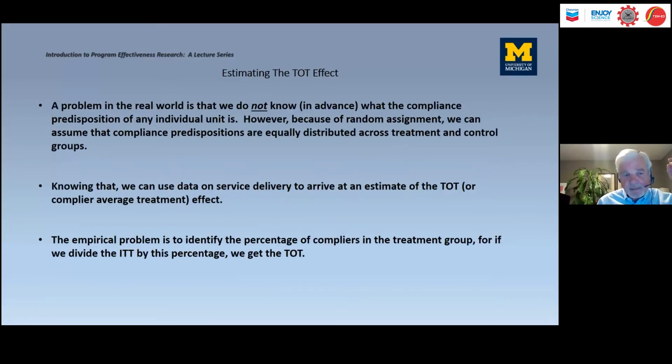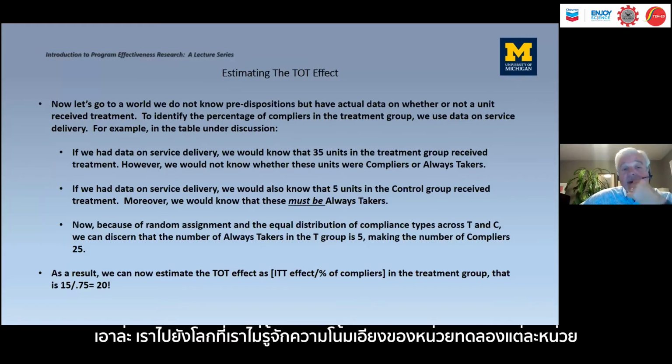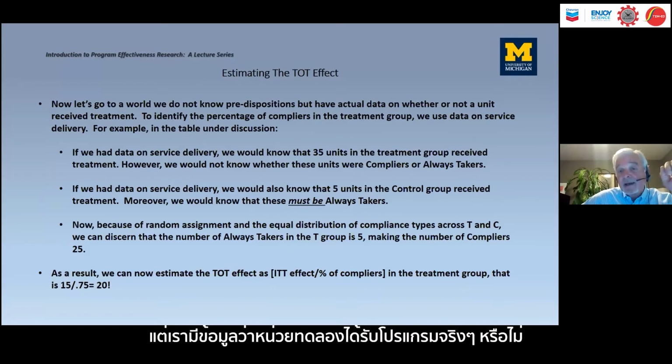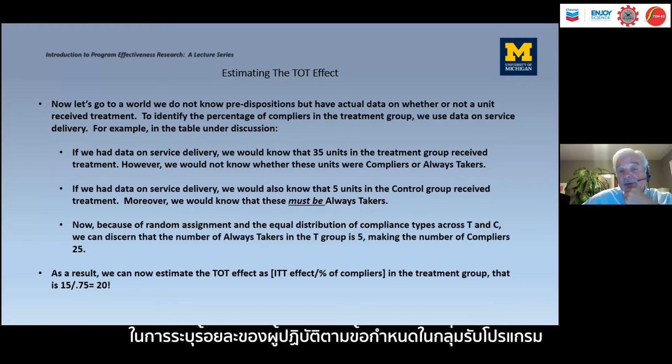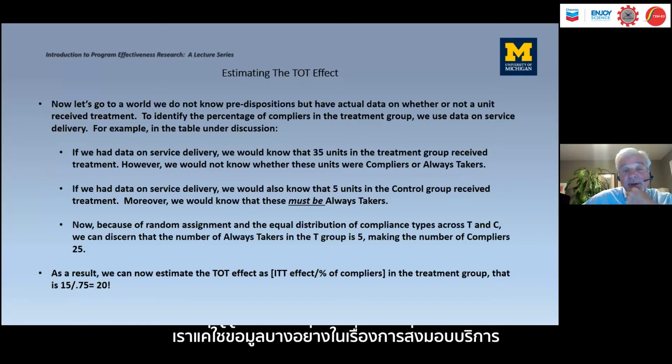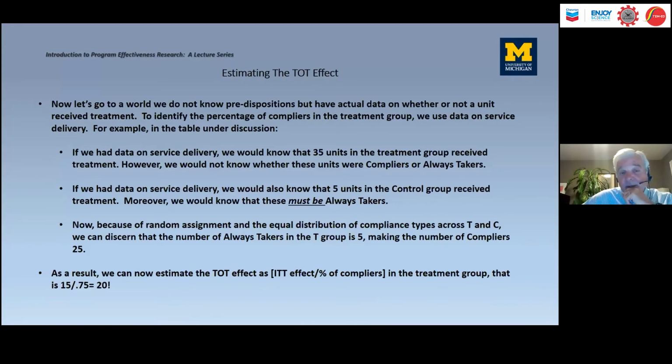So how do we do that? Well, let's go to a world in which we don't know the predispositions, but we have collected data on whether or not a unit actually took up and received treatment. To identify the percentage of compliers in the treatment group, we just use data on service delivery. For example, going back to that table and now assuming it was based on data, we would know that 35 units in the treatment group received treatment.